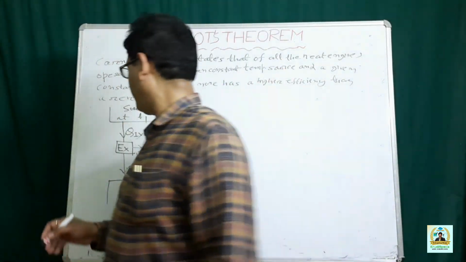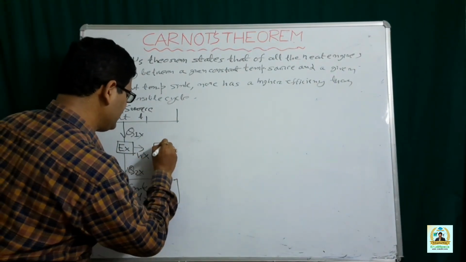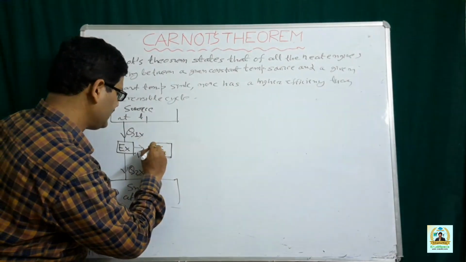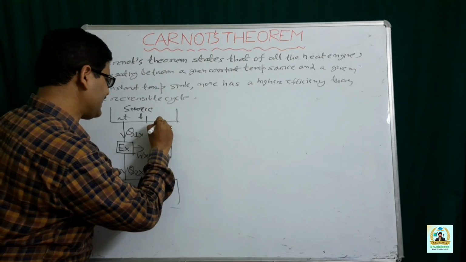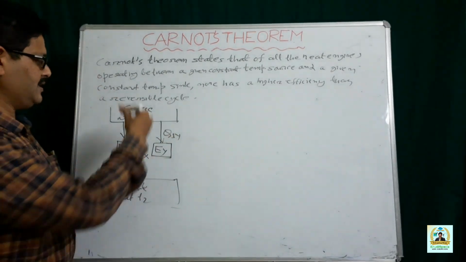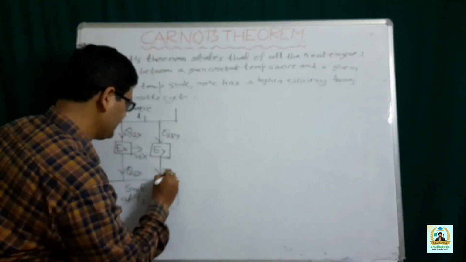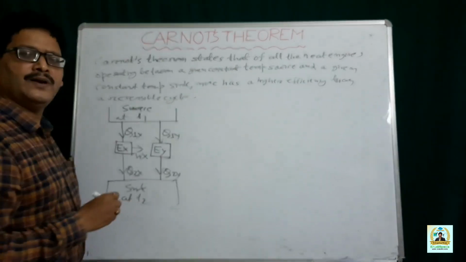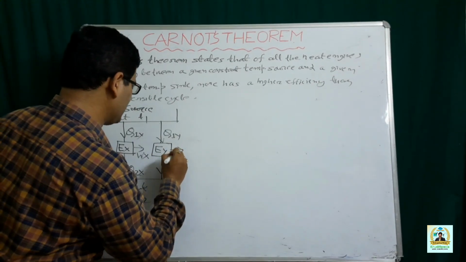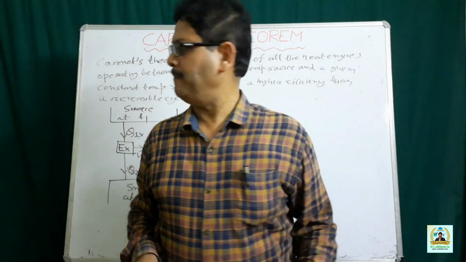Let us consider another heat engine. This one is a reversible one, EY. This is extracting Q1y amount of heat from the source and it is delivering Q2y amount of heat to the sink and producing Wy amount of work during the cycle.